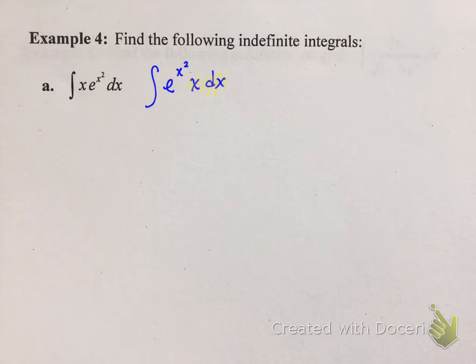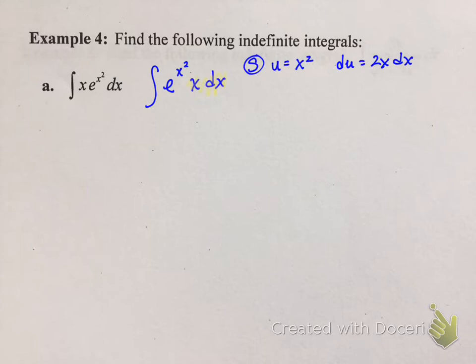If I let u equal x squared, which is the power of e, then I take the derivative of u, which is du, and the derivative of x squared is 2x dx. I almost have the leftover.